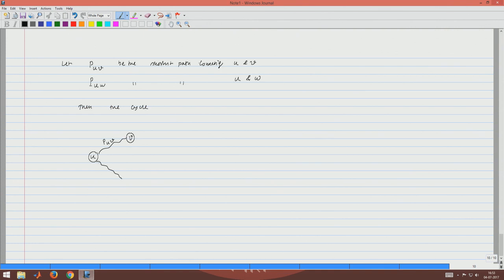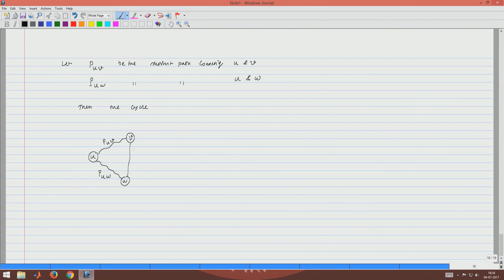There is another path from u to W, which I denote by P_uW, and this is also of even length, and we have assumed that V and W are adjacent.